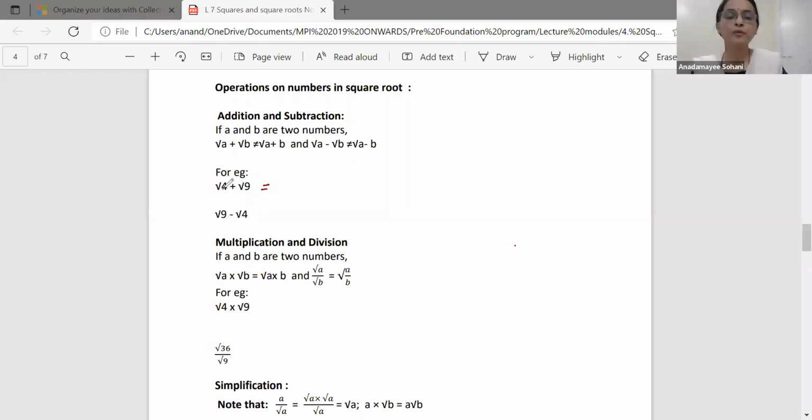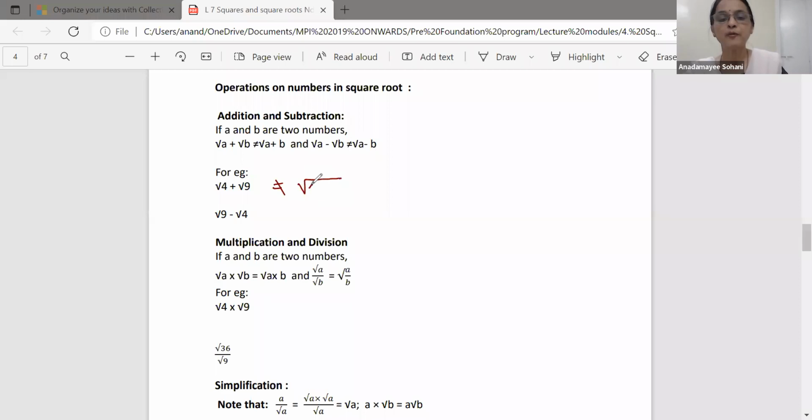So root 4 plus root 9. What is root 4? It is 2. And what is root 9? It is 3. So root 4 plus root 9, the correct answer is 5. And it is not equal to under root of 4 plus 9. Under root of 4 plus 9 is under root of 13, which is not equal to 5. So please understand, root 4 plus root 9 is not equal to root of 4 plus 9.